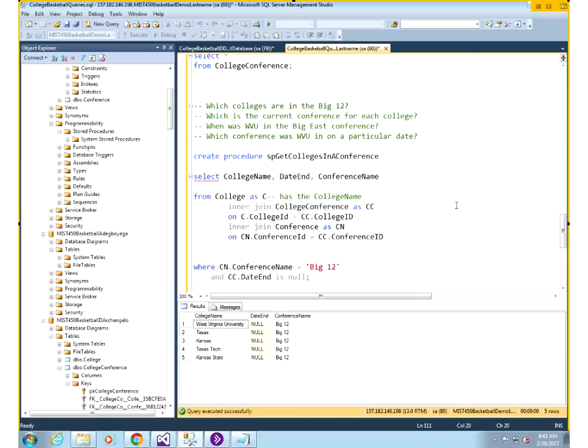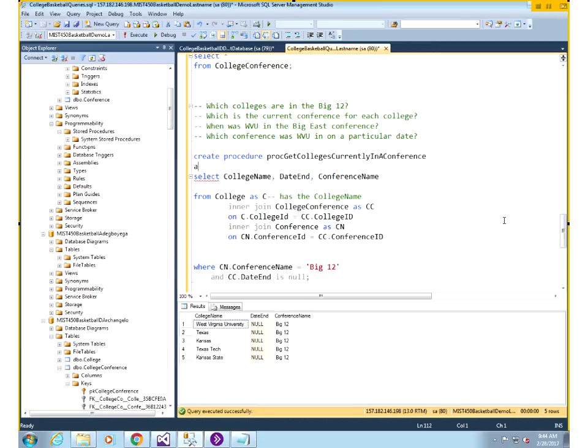So I tend to, I mean, you obviously use whatever convention Dr. Nazir uses for 353, but I use PROC because the system procedures use SP. Okay, so if you had this, what do you want to put, like mention that it's current? Okay, get colleges currently in a conference. Okay, good.